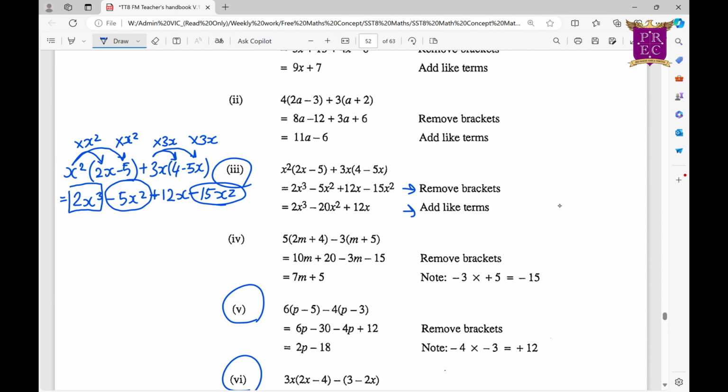And plus 12x is again a term on its own. There's no like terms because there's nothing with just x as the pronumeral. So you're left with 2x cubed. Now negative 5x squared minus 15x squared gives us negative 20x squared plus 12x.